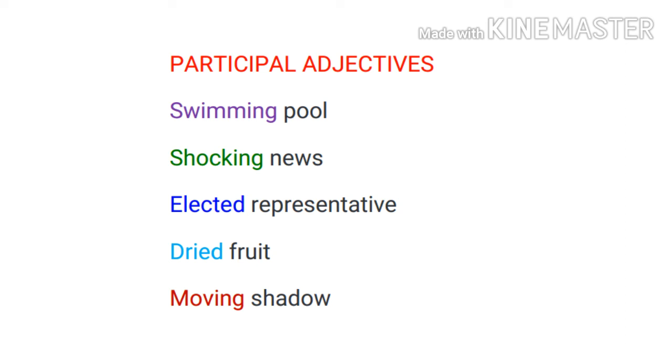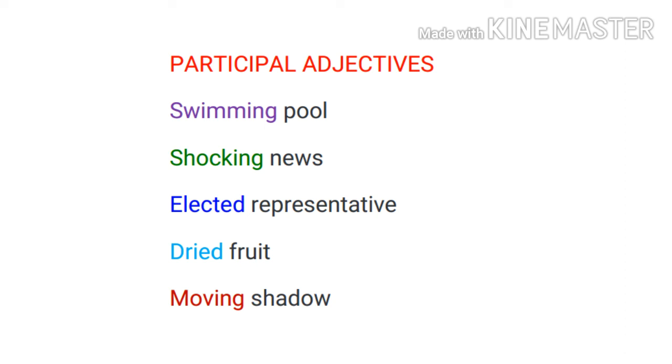Participial adjectives. We know that the present participle and past participle forms of verbs can be used as adjectives. Such adjectives are called participial adjectives. Remember, present participle can be used as a noun also. When a present participle is used as a noun, it is called a gerund or verbal noun. Now, look at the examples.